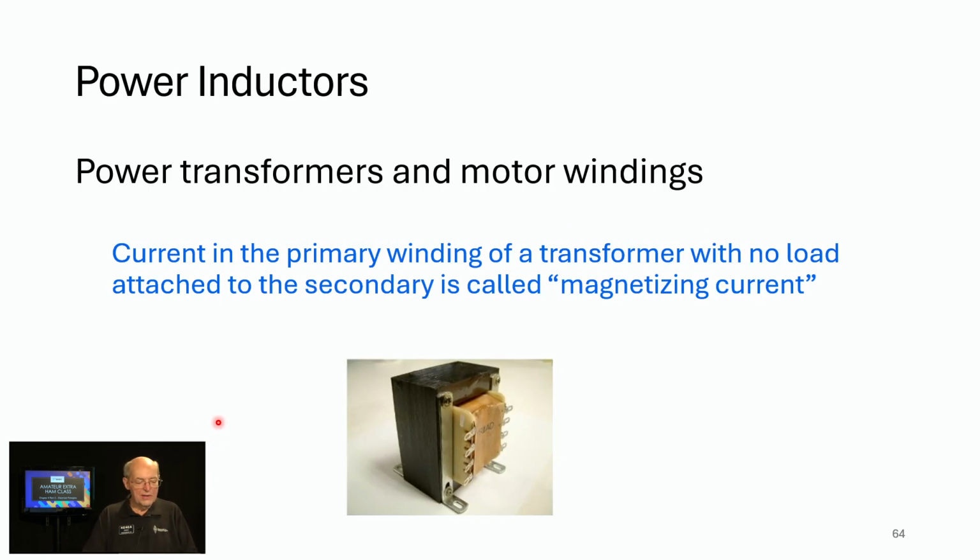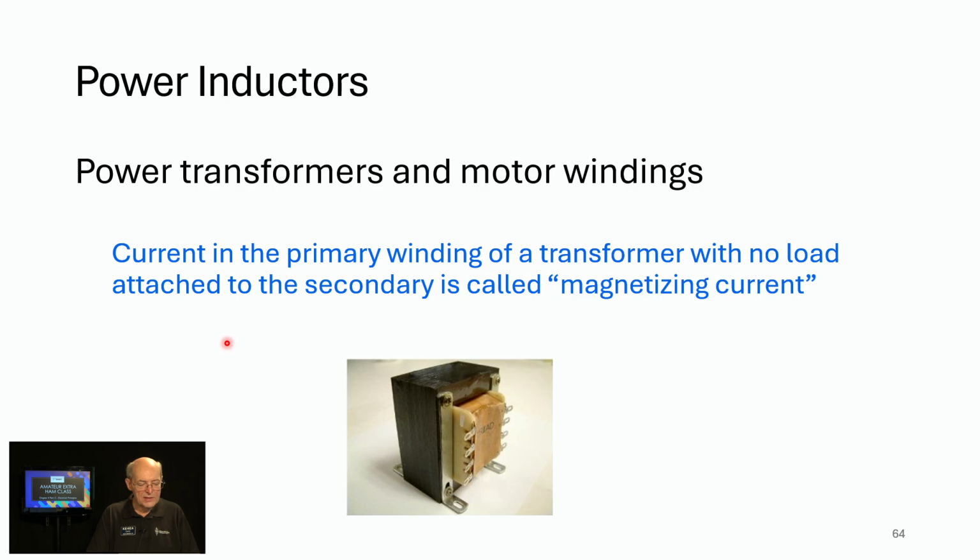And a little bit more, we're working up to something called magnetizing current. It feels like it almost doesn't belong in this chapter, but it does have to do with inductance and inductors, so they wanted to cover it. You'll only find references to magnetizing current generally in power transformers and motor windings, so not so much RF.